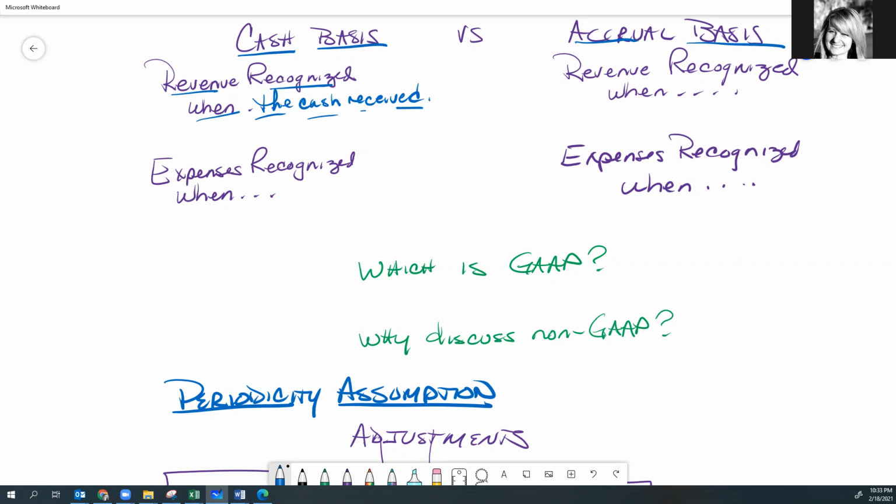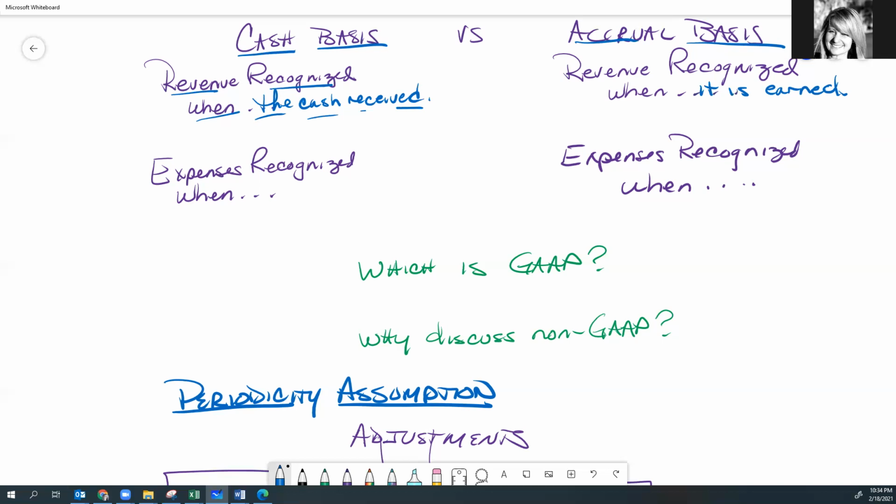We're going to keep it quite simple in Accounting 1, and we are going to say that revenue is recognized when it is earned. By earned, we mean that we have satisfied the performance obligation, the performance that we were obligated to provide to our customer.